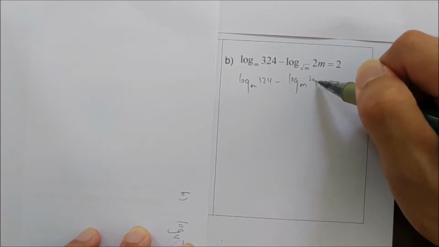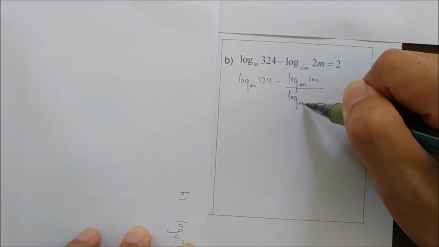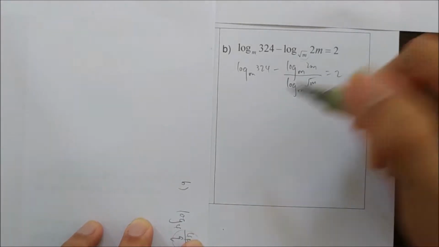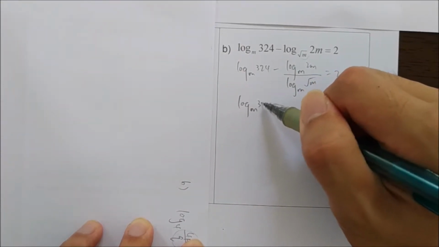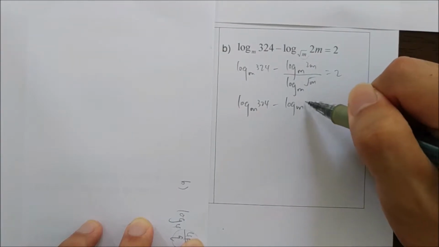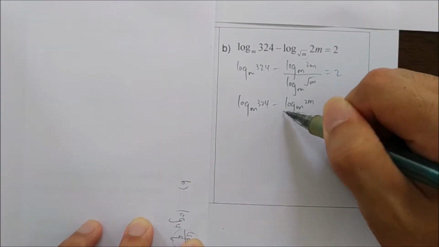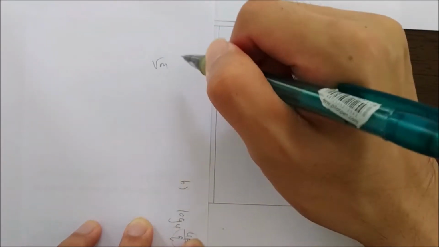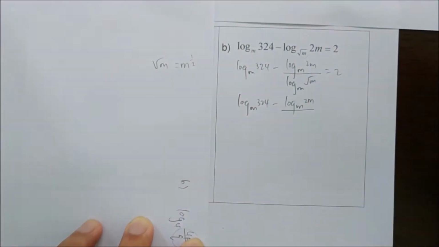This is 2m over m, and this. We simplify this part first before we combine. Actually, the square root of m is m to the power of 1 over 2.